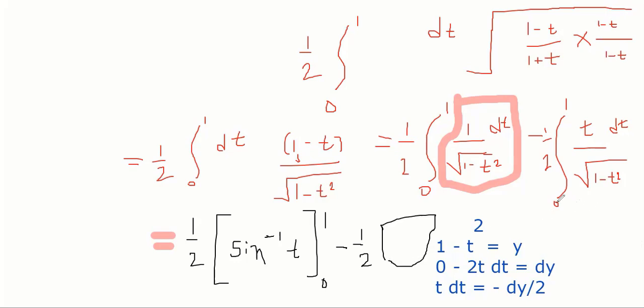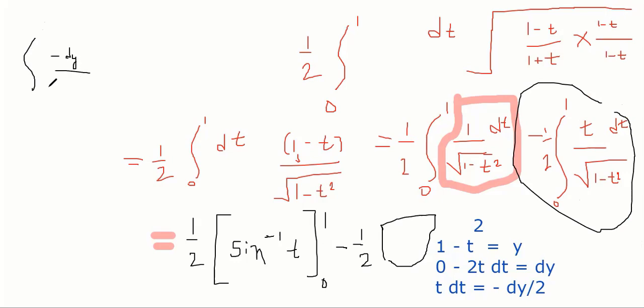So let's solve this part now. ये माइनस हाफ तो लिखा हुआ है मैंने, तो विल डू इट लेटर. तो मेरा इंटीग्रेशन क्या है अभी? t dt. So minus dy by 2. Minus dy by 2. और वो था रूट ऑफ 1 minus t square. So root of y.